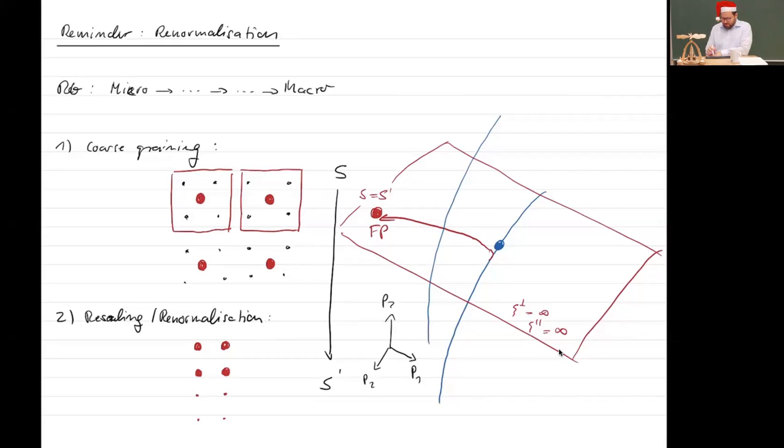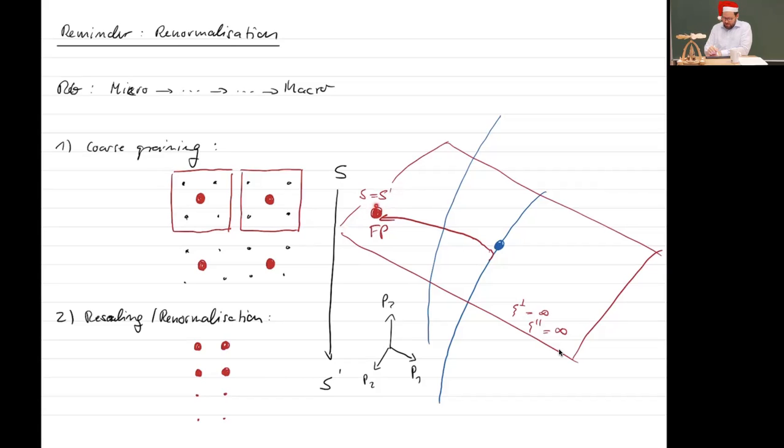Okay, so I stopped with the critical point of the SI model. Then we renormalized, and this renormalization process leads us to a fixed point. Once we are in this fixed point, the action is always mapped onto itself. That means this fixed point describes the macroscopic properties of our system.